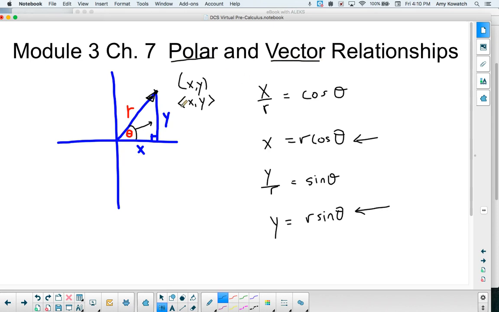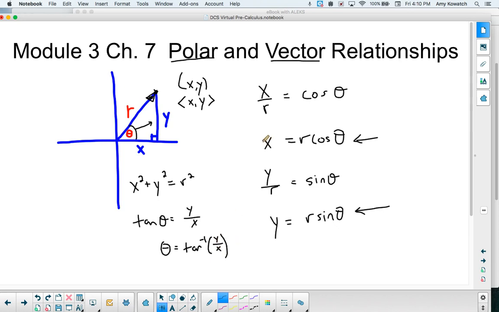Of course, another dominant relationship out of this picture is that x squared plus y squared is equal to r squared. You can never get away from the Pythagorean theorem. And if you do tangent of the angle, it's going to equal y over x. So that's SOHCAHTOA. If you want to solve for theta, you will do the tangent inverse of y over x, on your calculator is fine.